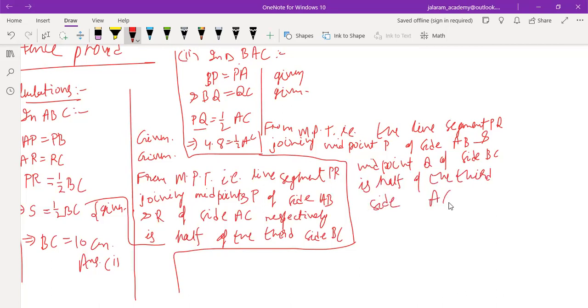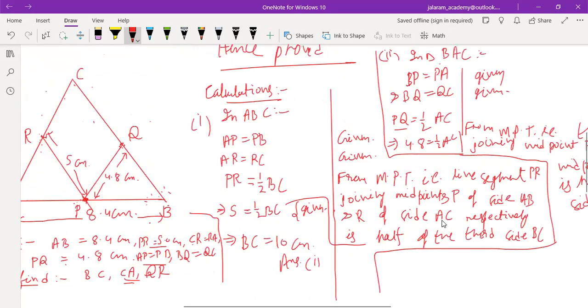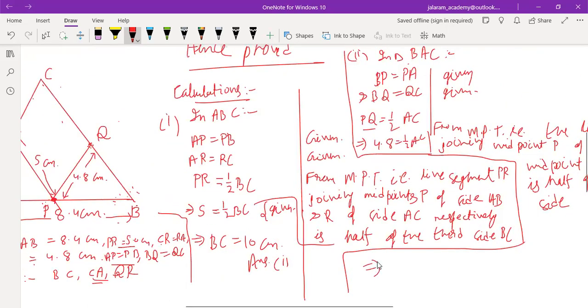So this is the proper method to represent and to use the midpoint theorem. AC equals 2 into 4.8, that is 9.6 centimeter.